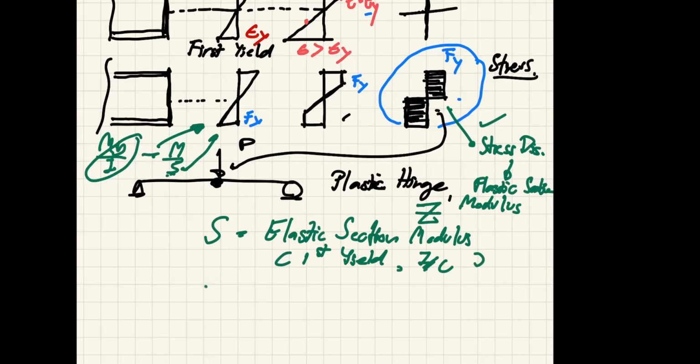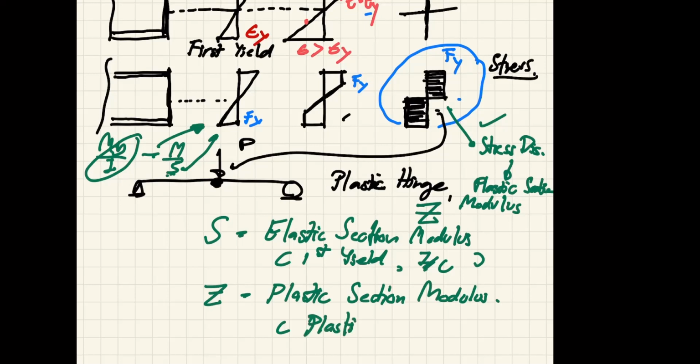And then we have Z. This is called plastic section modulus. And this is no longer first yield, which is where we have our plastic hinge.